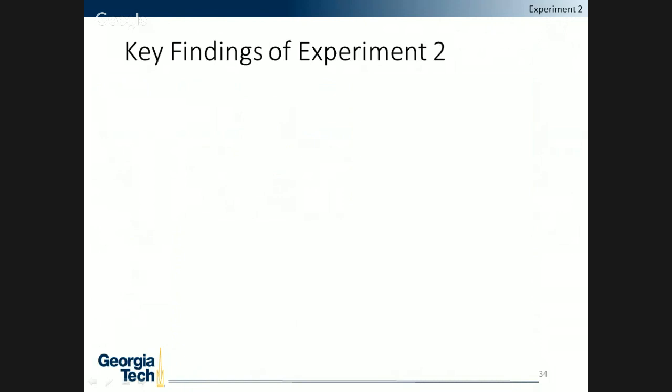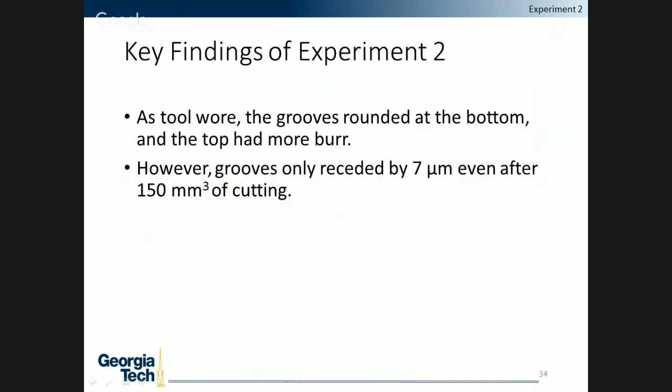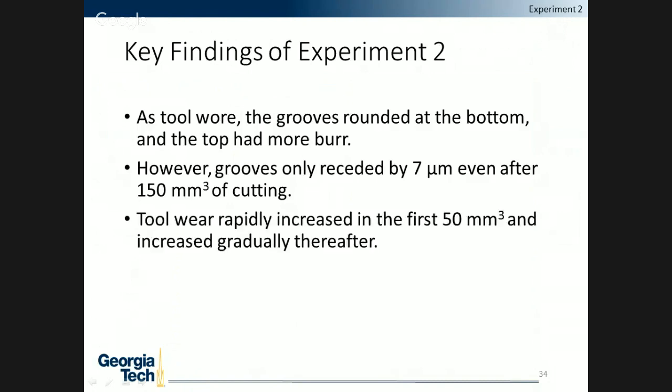So just as a recap, the key findings of experiment 2 were the groove quality did marginally decrease as the tool wore, and the grooves had more burr and became more tapered and rounded at the bottom. However, this decrease in groove quality only showed the grooves receded in by 7 microns after cutting 150 millimeters cubed, or 25 minutes of cutting.